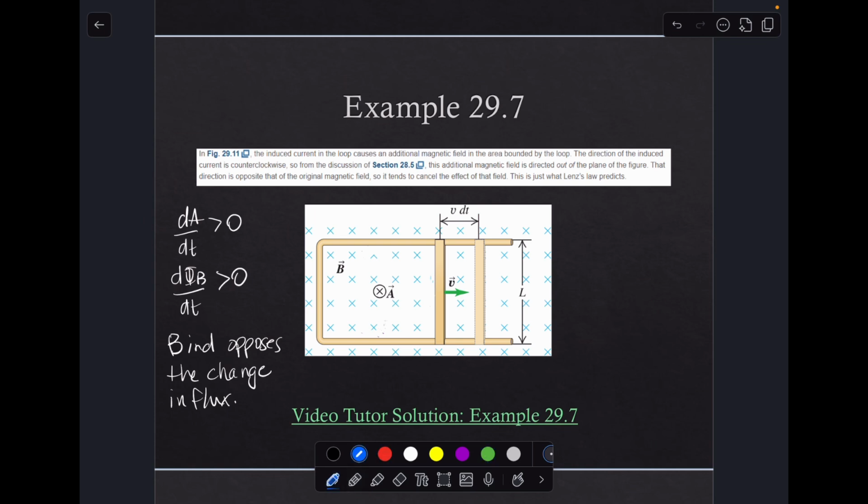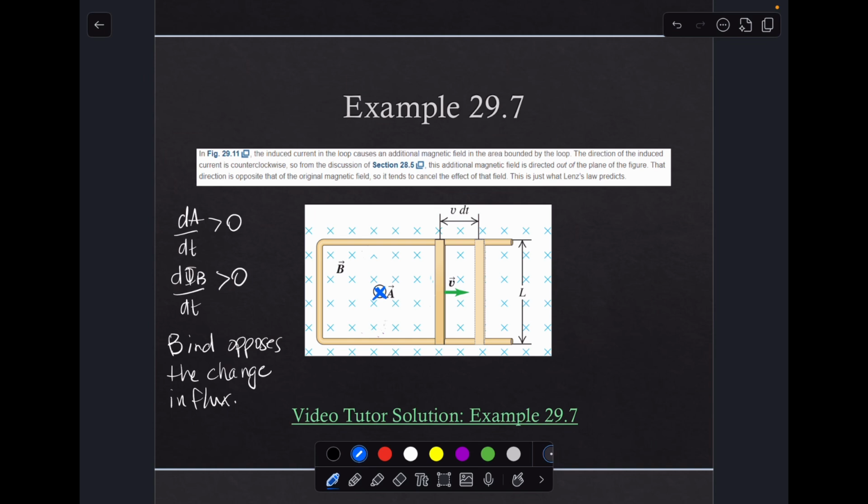So if this B field vector is increasing into the page, technically, you know what's increasing into the page? The area vector. If we're increasing area with respect to time, the magnitude of that area vector is going to be getting bigger. And so what we need is to oppose that. Well, we can't make it smaller.